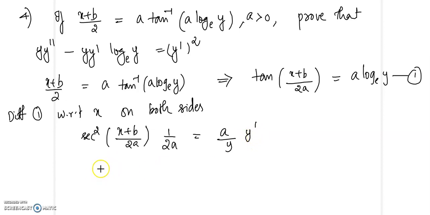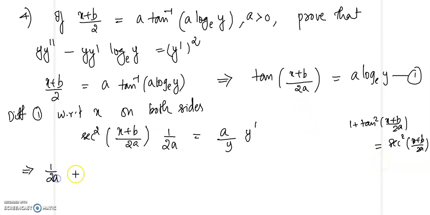Okay. Now we have sec square of x plus b by 2a. Now sec square is 1 plus tan square of x plus b by 2a, which will be equal to sec square of x plus b by 2a. So therefore we will get 1 by 2a, and we write sec square of x plus b by 2a as 1 plus tan square.